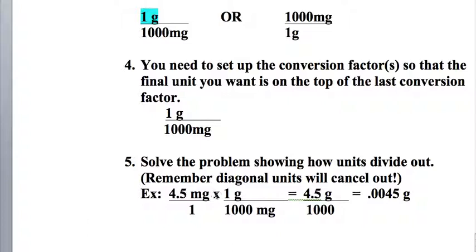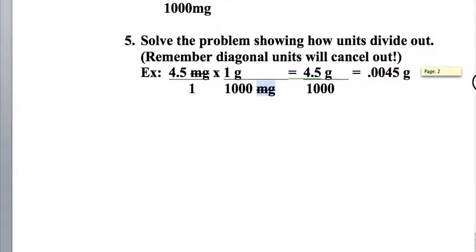Notice here that there's a multiplication symbol in between. Any units that are diagonal will cancel out, so we can just take that unit and slash right through it. Then when we complete the math, we're left with 4.5 grams over 1,000, and when we divide that out, we get 0.0045 grams. So that tells us that 4.5 milligrams is equivalent to 0.0045 grams.